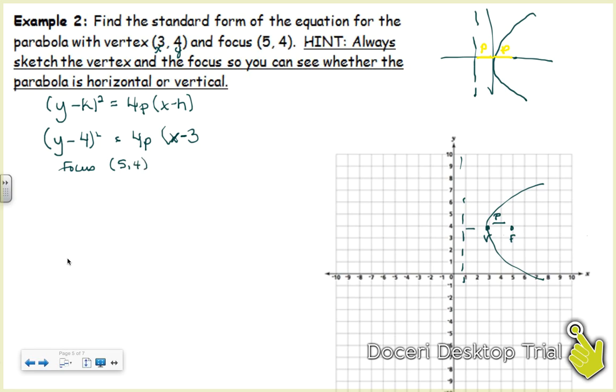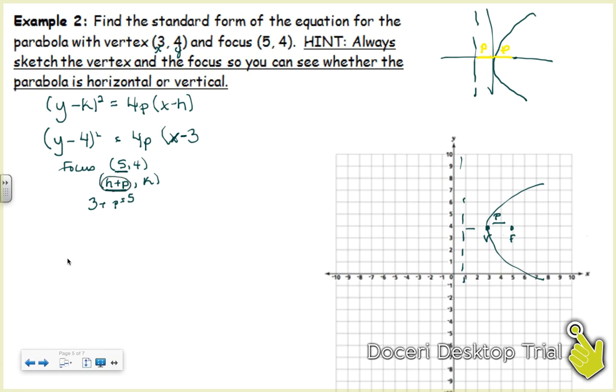And I know to find your focus when it's written in a left or right, it's going to be h plus p. So I know that my h is a positive 3, and I know my focus, the x value, when I'm solving this, is equal to 5.